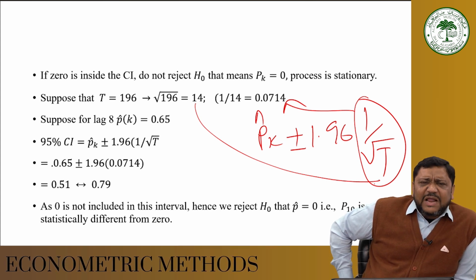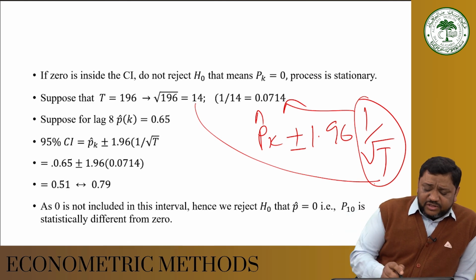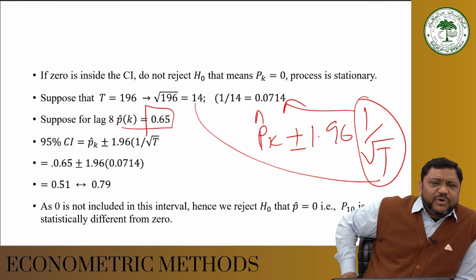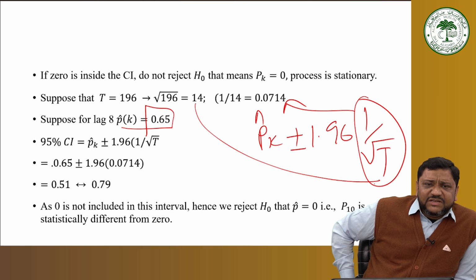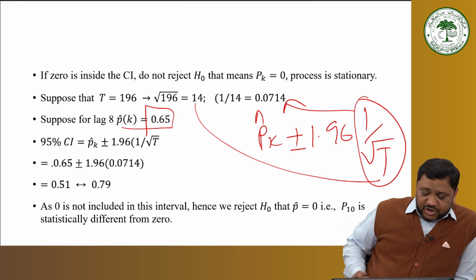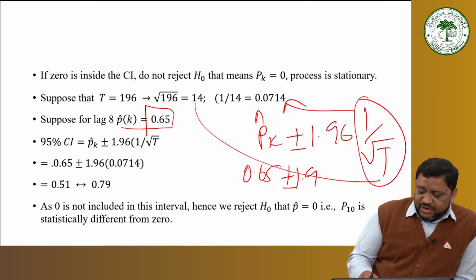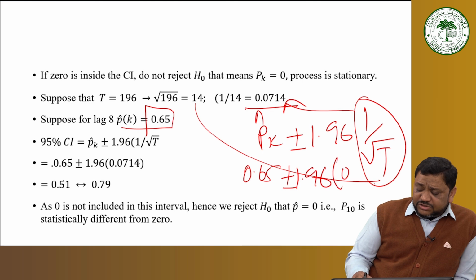Suppose for lag 8, as an example, the value of rho k, the ACF, is equal to 0.65. So for the 95% confidence interval, this becomes 0.65 plus minus 1.96, times 0.0714.